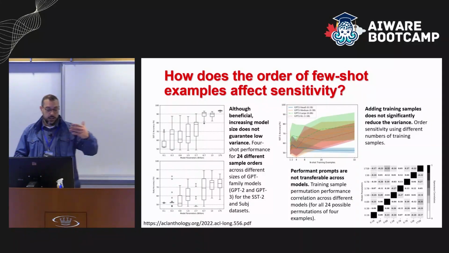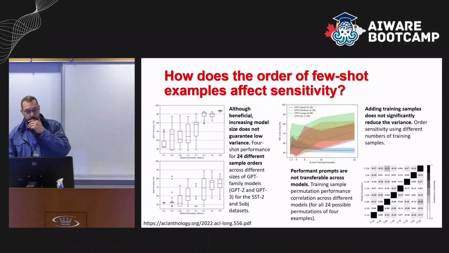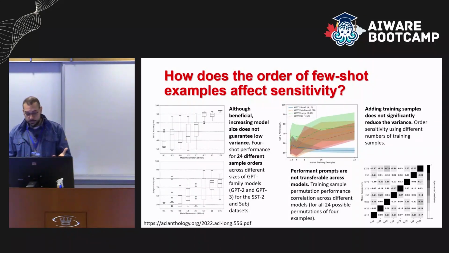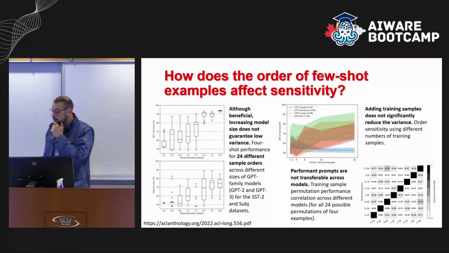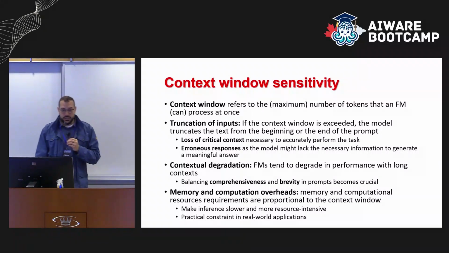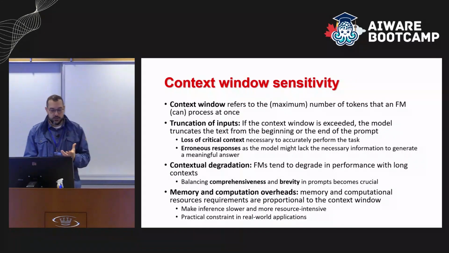So you're going to see that your prompt is working very well in a certain model, and then you try to transfer or port it to another model. The performance might increase or might decrease, very likely decrease. There is another issue with prompting that we call context window sensitivity. So what's the context window?